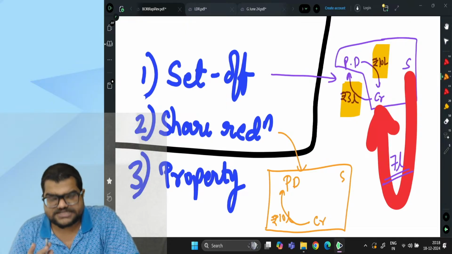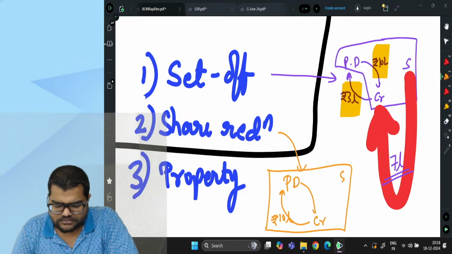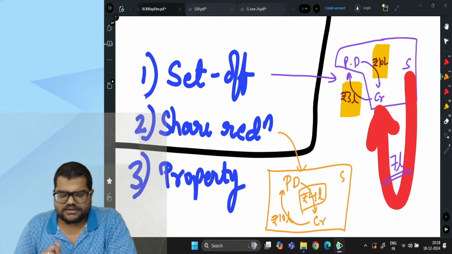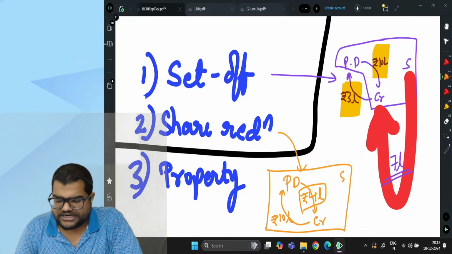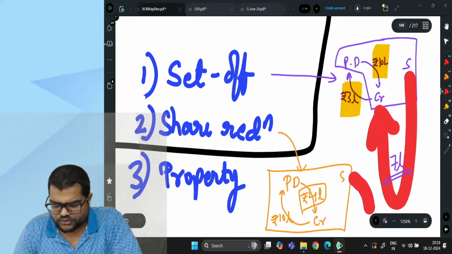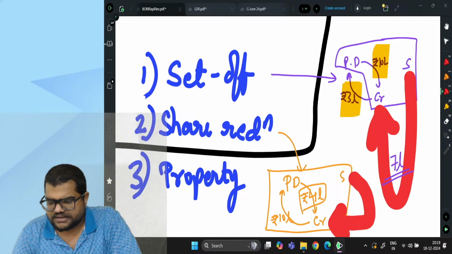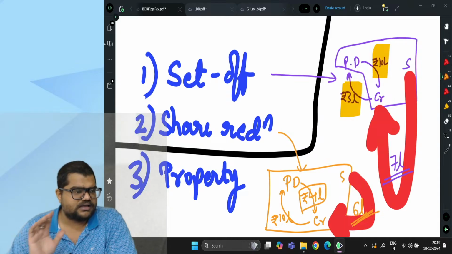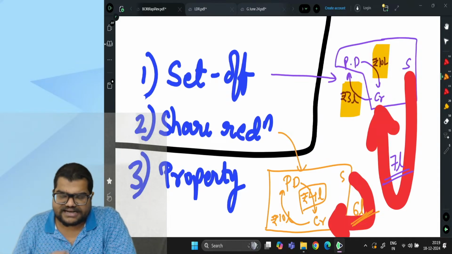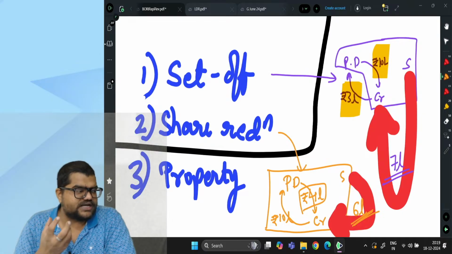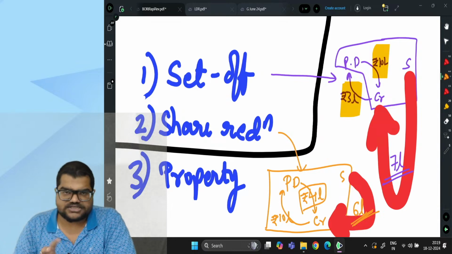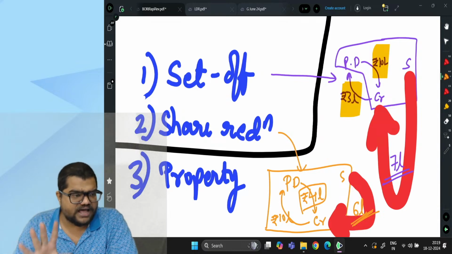Principal debtor could pay rupees 4 lakhs on his own, which basically means surety will now only pay to the creditor the balance amount, which is 6 lakhs. Are we clear? I'm making diagrams everywhere so that you understand the things conceptually and you remember them forever. Because a practical question can be asked, theory has been asked already. Are we clear?